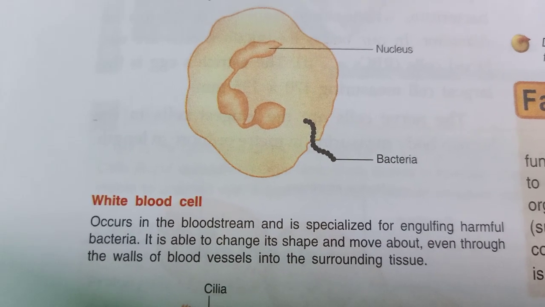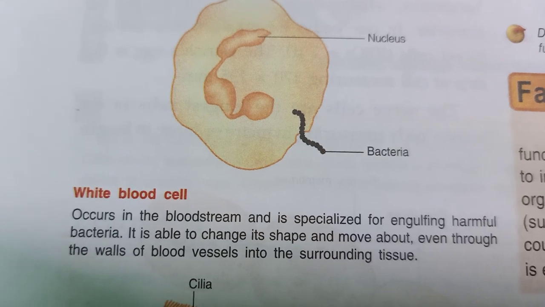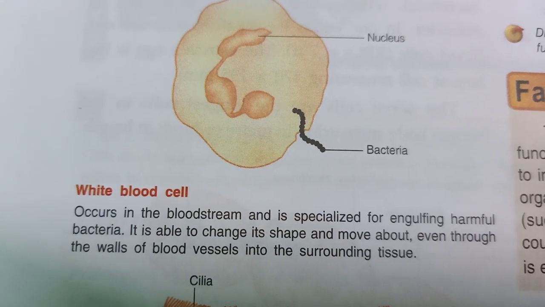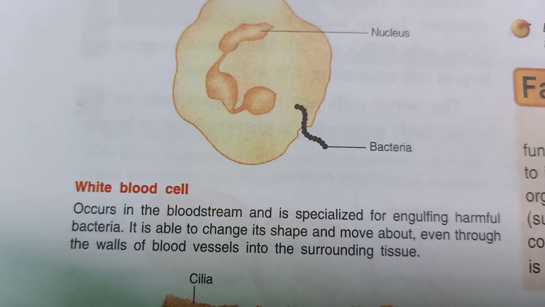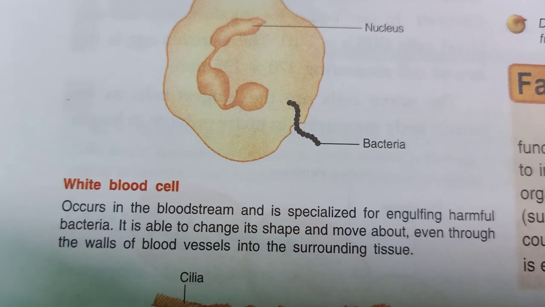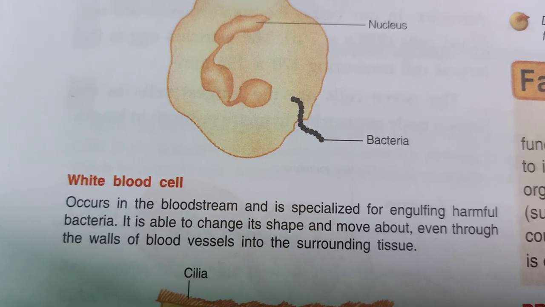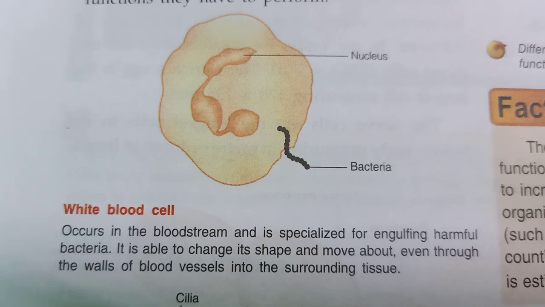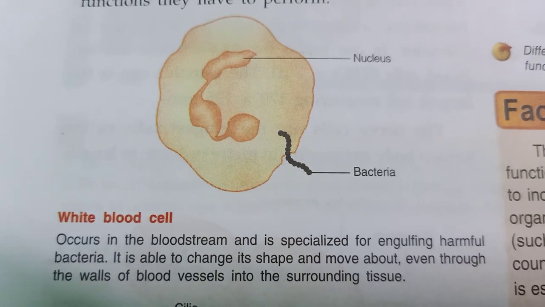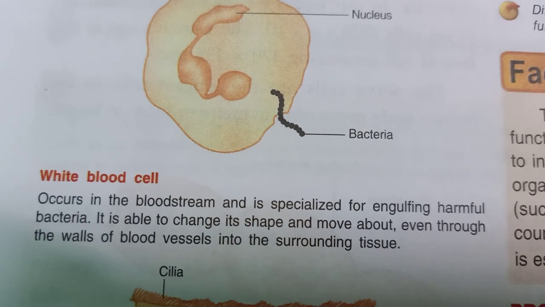They protect our body and increase its immunity so that harmful bacteria do not enter into our body. It is able to change its shape and move about, even through the walls of blood vessels into the surrounding tissue. So the white blood cell has the capability to change its shape and to move about in the blood.